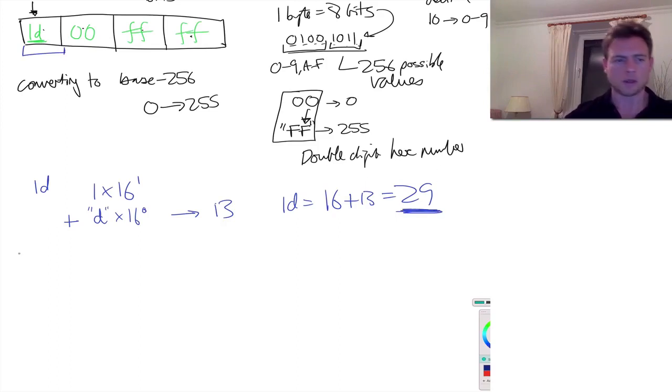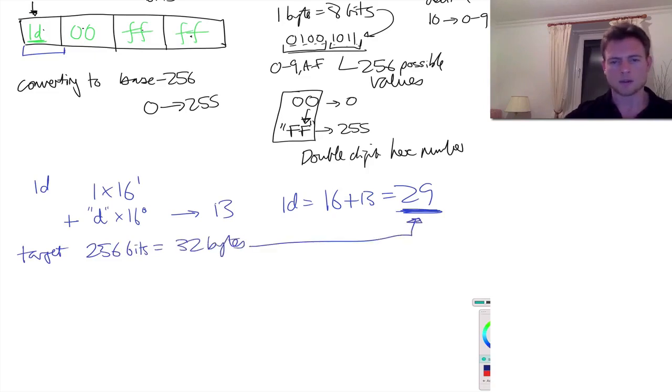We know our target is 256 bits, equals 32 bytes, right? We're saying 29 bytes of this 32 are taken up with these significant bytes.